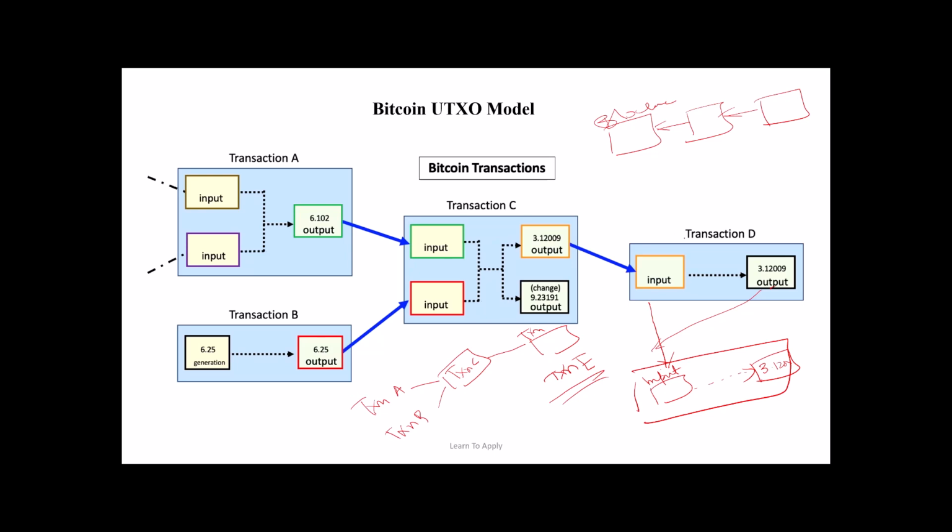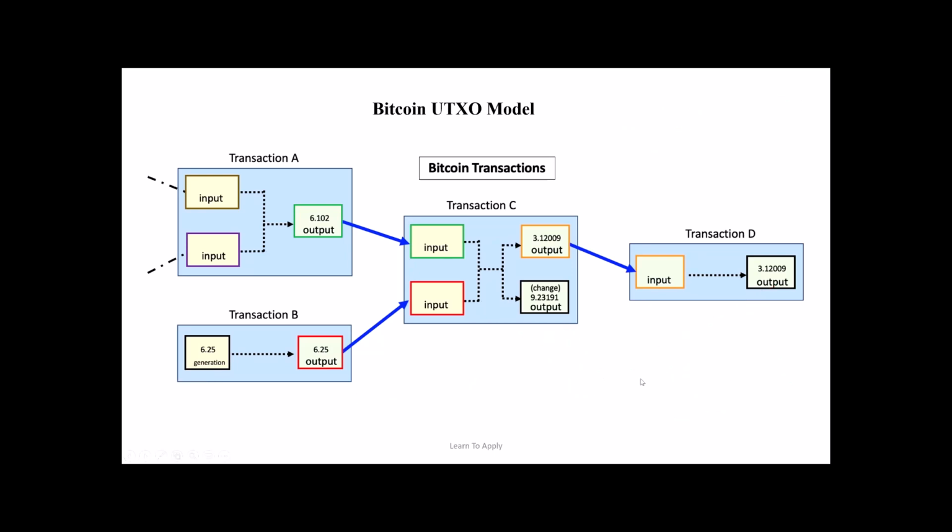So if we come from transaction D here, let us take another example for much more simplification. We go to transaction D, and we want to see where this input comes from, right? It comes from transaction C, output index 1. If we start from 0, then it's 0.